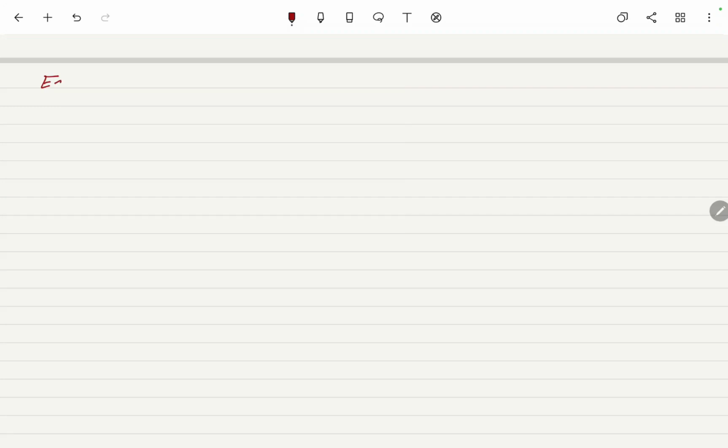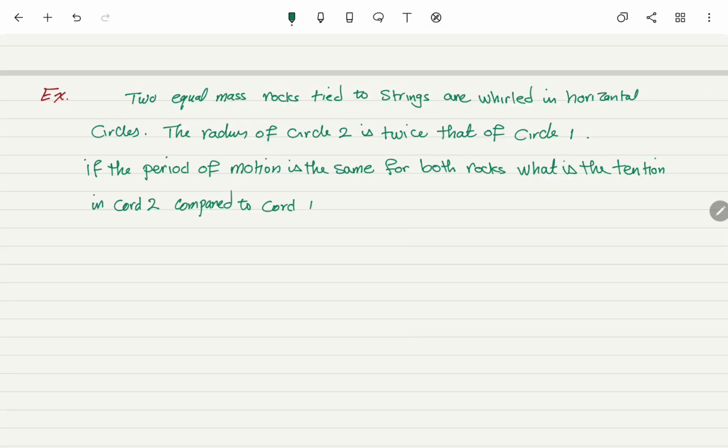Example: two equal mass rocks tied to strings are whirled in horizontal circles. The radius of circle 2 is twice that of circle 1. If the period of motion is the same for both rocks, what is the tension in cord 2 compared to cord 1?